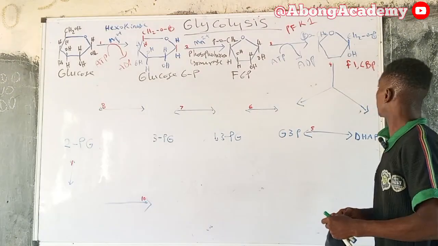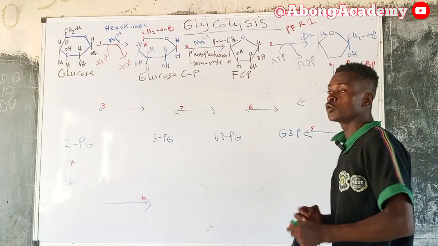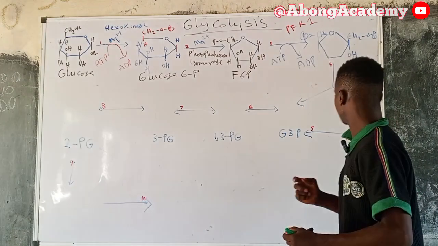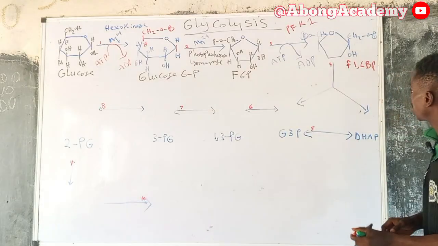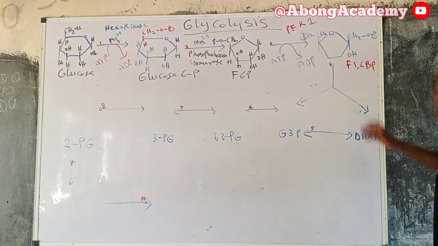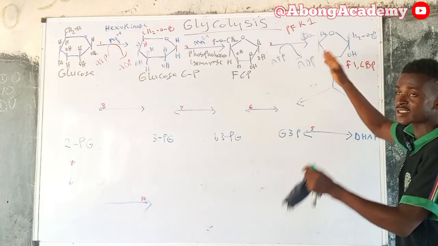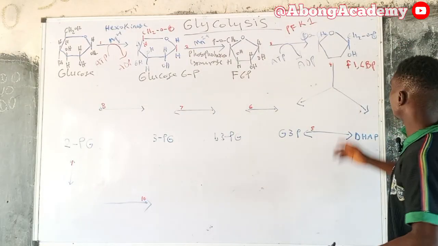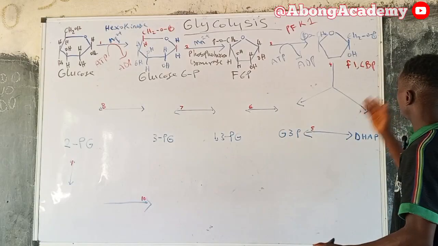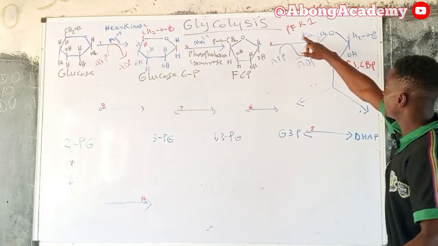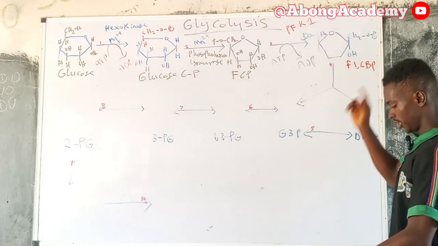Now, fructose 1,6-bisphosphate will be split into glyceraldehyde 3-phosphate and dihydroxyacetone phosphate. And this is where the lysis occurs. This is a committed step in glycolysis, and this is the rate regulatory step in glycolysis. The PFK1, phosphofructokinase 1, is the rate limiting enzyme in this step.